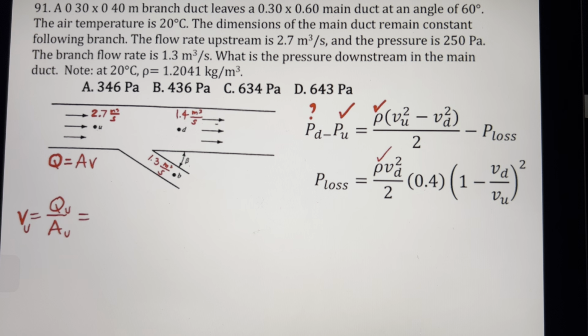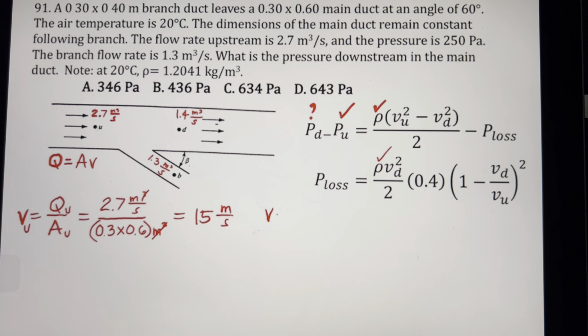So at the upstream, our volume flow rate is 2.7 cubic meter per second over our upstream area. At the upstream, our cross-section area is the same area as our main duct, and that is 0.3 by 0.6 meters. So our upstream velocity is 15 meters per second.